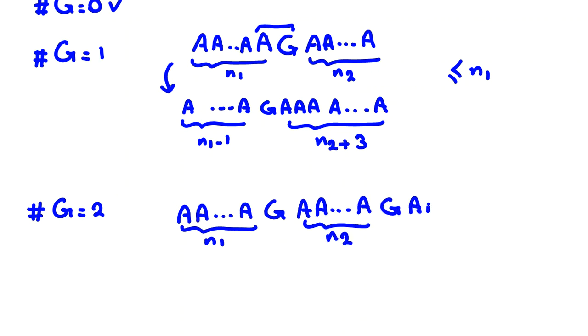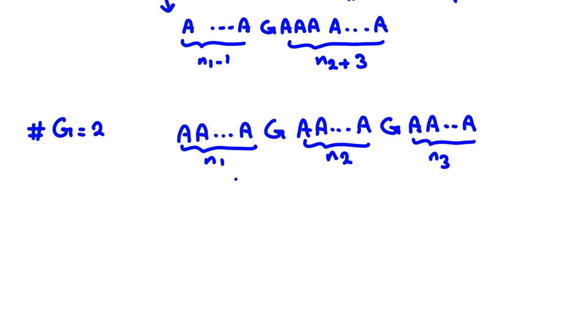Then after the second G, the number of A's is equal to N3. Now, I want to see how many times I can apply the operation on this G. Because I have only N1 before this G, I can do it at most N1 times.